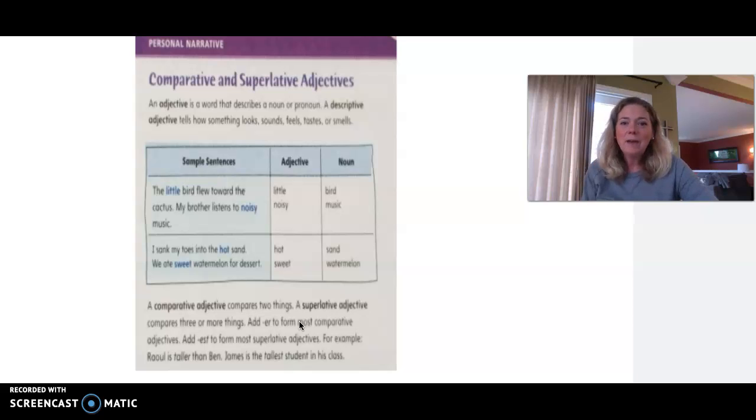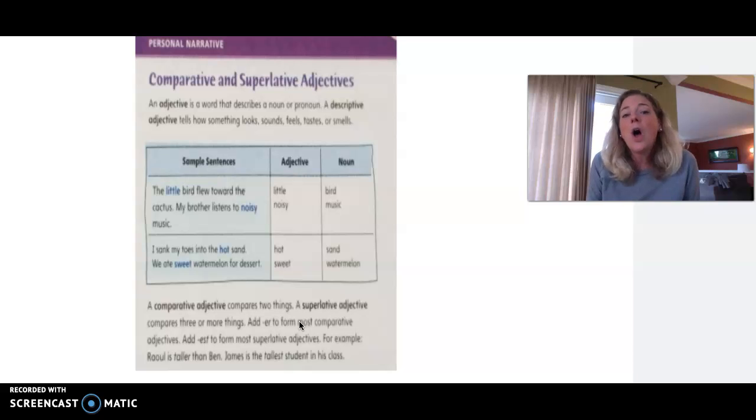But if you have more than two, so maybe a group, then you actually would add est. Now, this would be if there was nobody else in your class that was taller than you. You wouldn't say, I am taller than, or let's see, how could you say that? The right way to say it would be est.